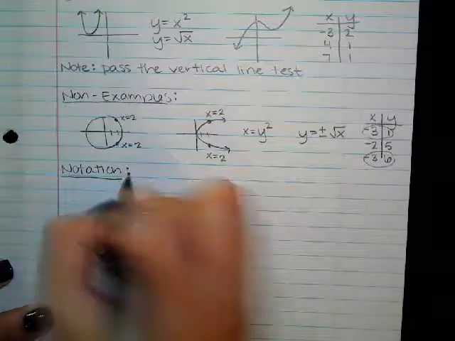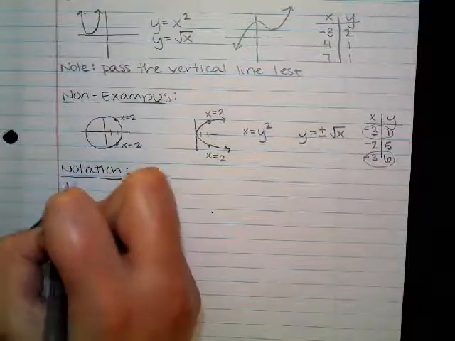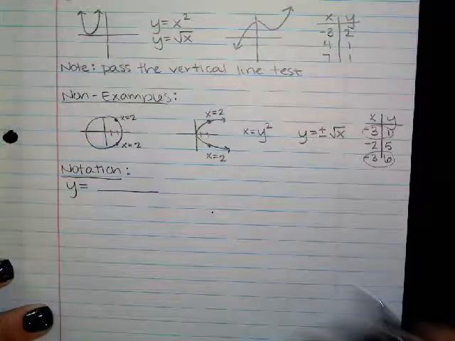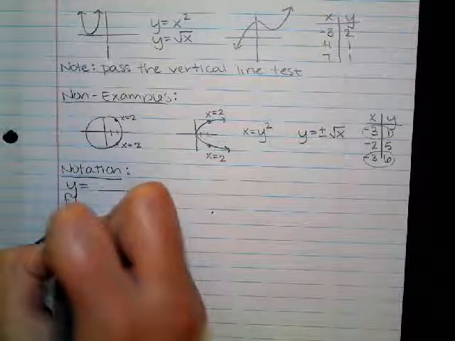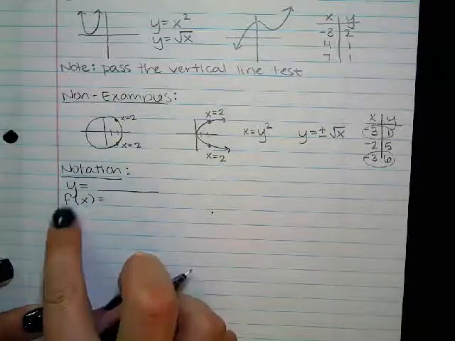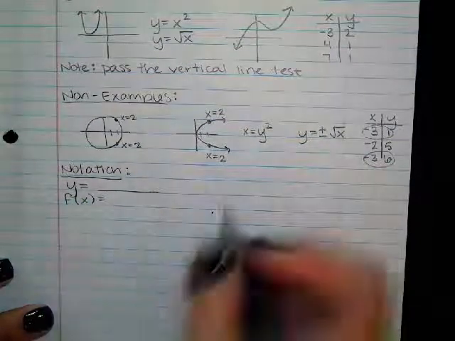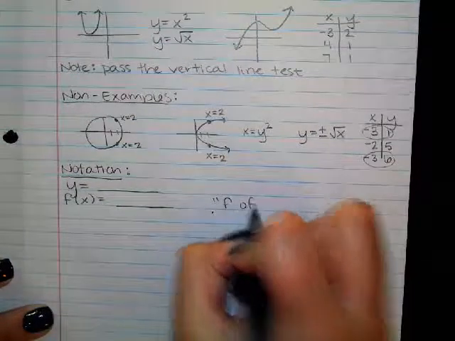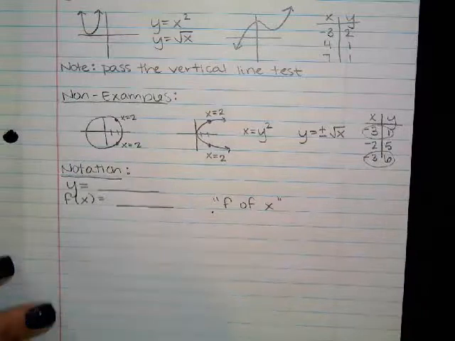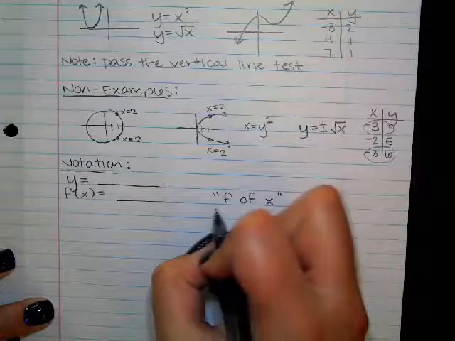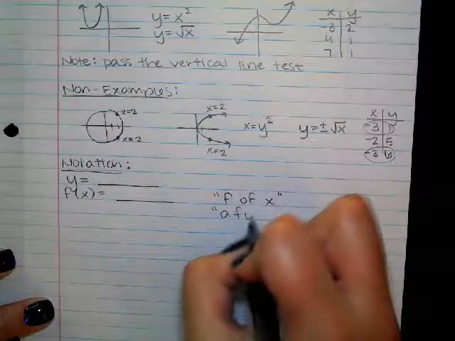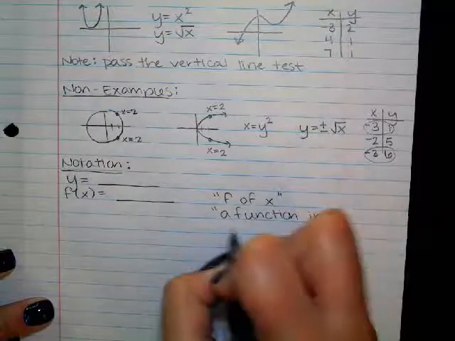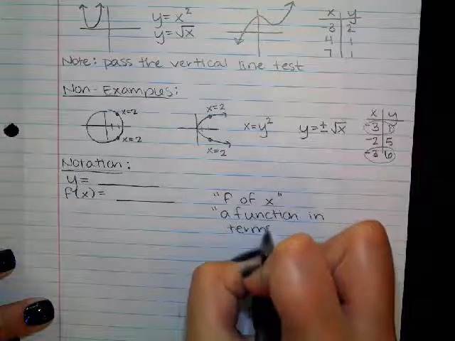In the past, we often wrote y equals and then we had our equation. Now we're going to often use f of x, or a function in terms of x. So f of x is shorthand for a function in terms of x.